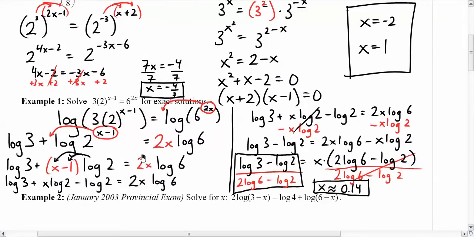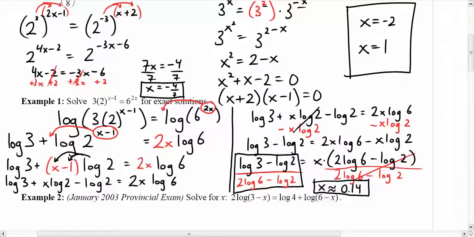Okay, so that's an exponential equation. In an exponential equation, you start with different bases, and your answer is a lot of logs. The next one is a log equation. When you have a log equation, you start with a lot of logs, and what you're trying to do is get rid of the logs.